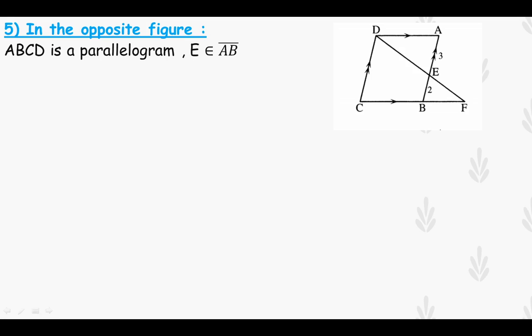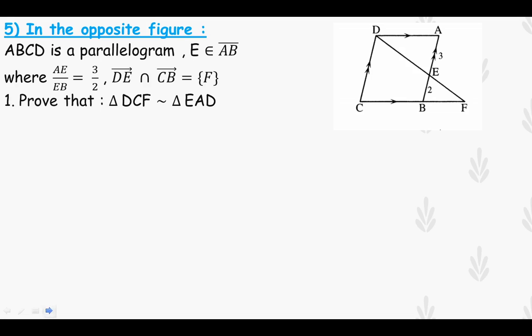E belongs to the line segment AB, where AE over EB equals 3 over 2. BE intersects CB at F. Prove that triangle DCF is similar to triangle EAD.